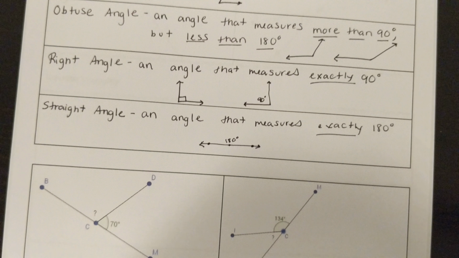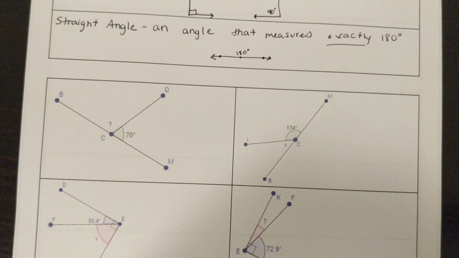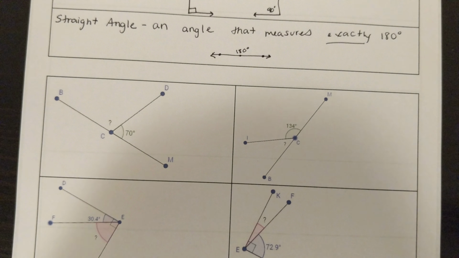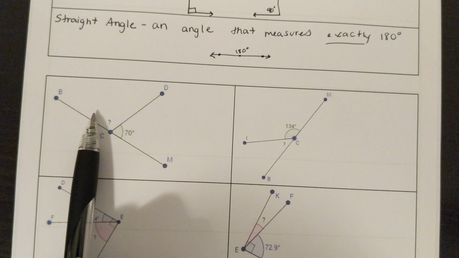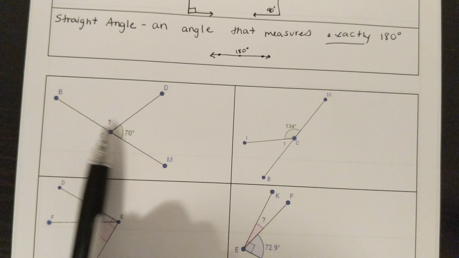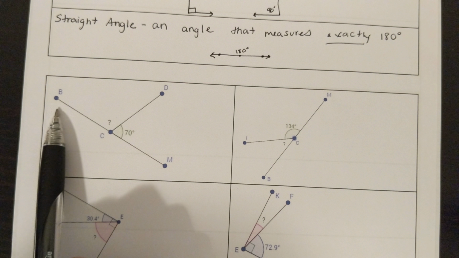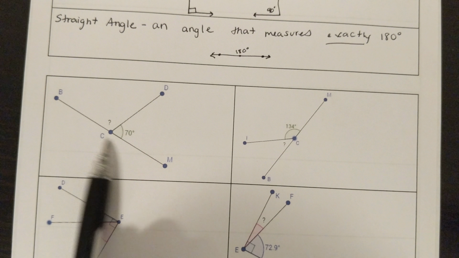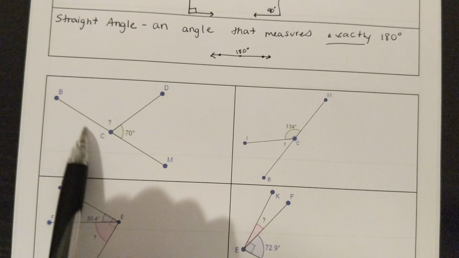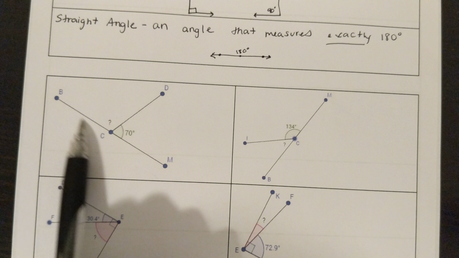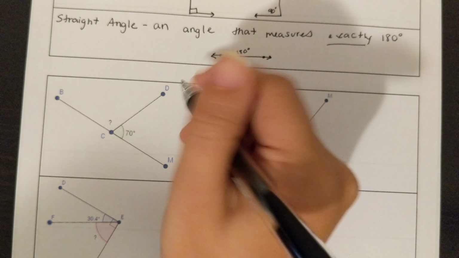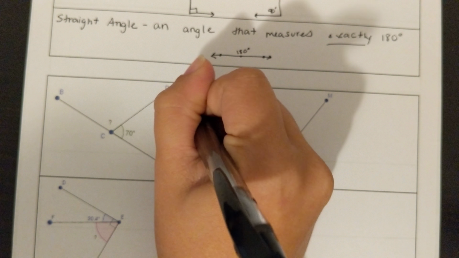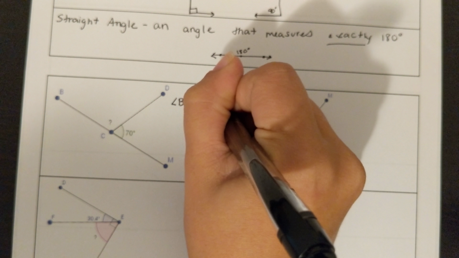Now, we're going to move on and apply some of these properties to find missing angle measurements. If I look at this first one, this angle here is a question mark. It looks like I have two angles connected to each other. Angle BCM, this straight angle here, should equal 180 degrees.